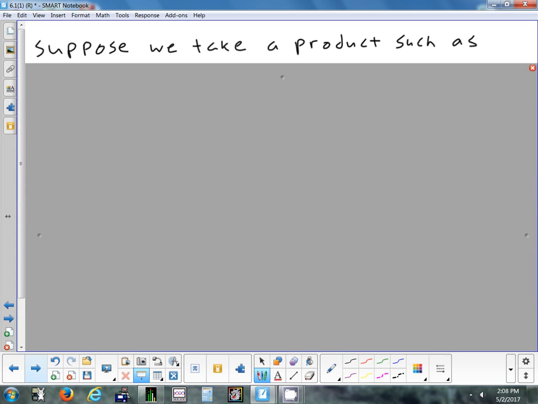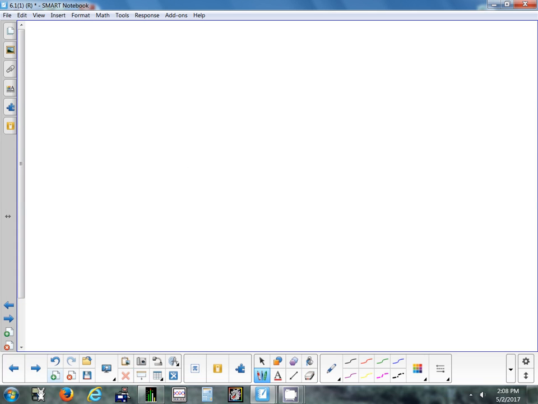Does anybody have any questions on a power to a power? In fact, let's try this. You don't have this on your sheet, you don't have to worry about writing this, we're just gonna go over it. What would I do first there? Think of PEMDAS, you always deal with exponents first.